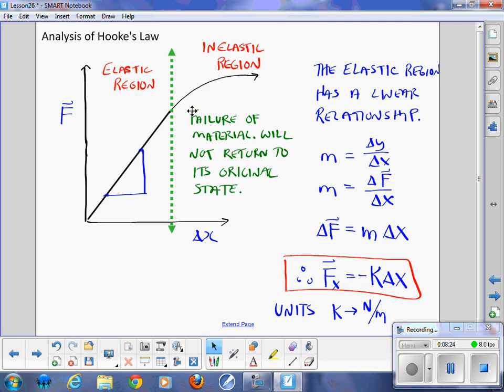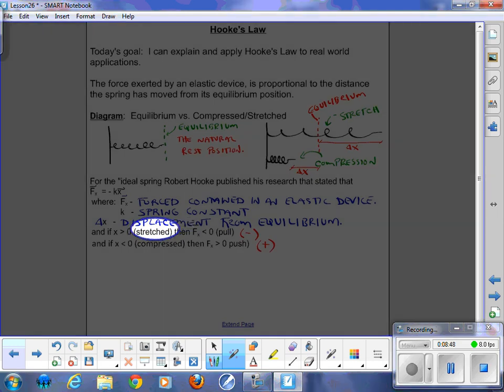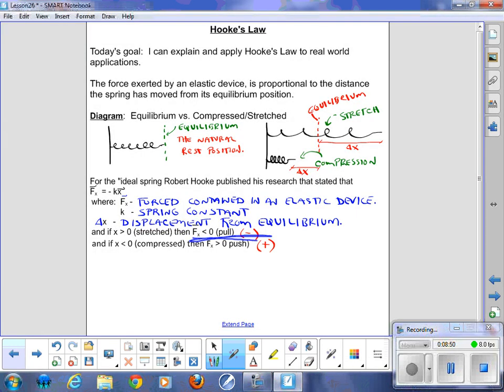Now let's talk about why he put the negative in. In the scenario over here, we are stretching the spring. This is a model where we're actually stretching the material. Delta x is increasing, so we are stretching the spring. On the previous slide, I noted that if you stretch it, the force will be a negative value.